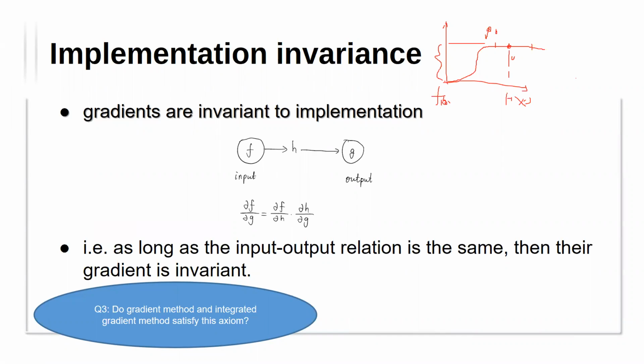Suppose our input is a neuron F and output is a neuron G, and F is the implementation detail. By the chain rule, we only care about the derivative of F with respect to G, and we don't care about the implementation details. So gradients are invariant to the implementation. This is also the proof from their paper.